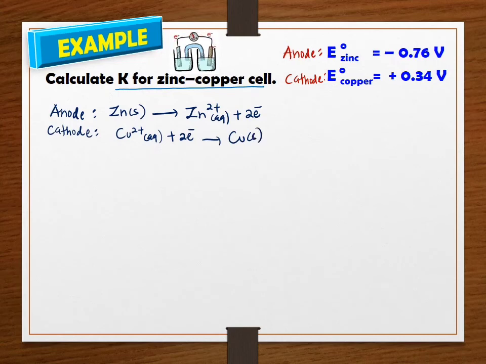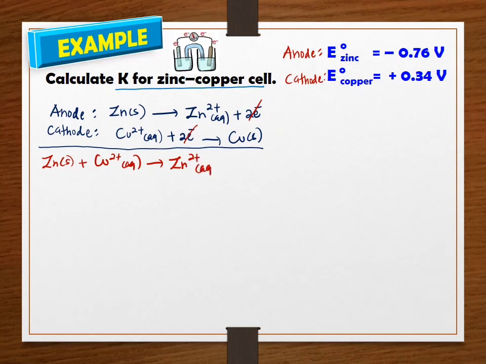Okay. So and then kita boleh buat dia punya overall equation by cancel out the number of electrons here. So you will get zinc solid plus Cu2 plus aqueous produce, okay, zinc 2 plus aqueous plus Cu solid. So this is your overall equation.